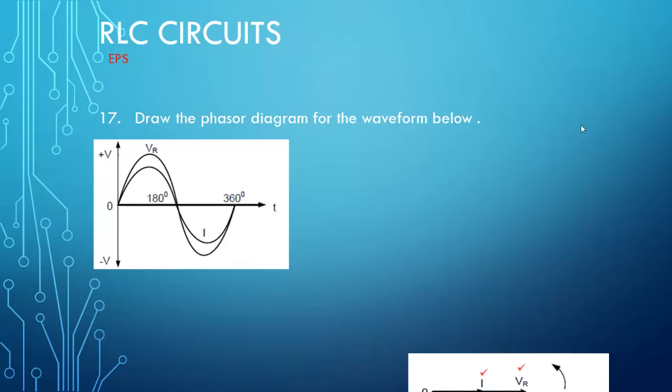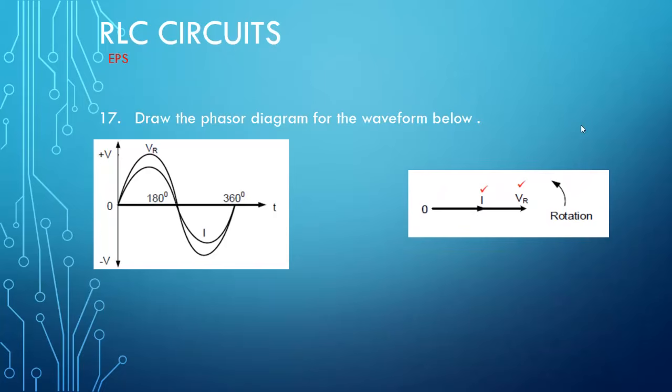Notice that they are in phase, and because they're in phase, they'll be exactly in a straight line. Notice that VR is greater, so this is why VR is greater than the I value. Notice that the I only goes up to that height, so it is a shorter distance than VR.